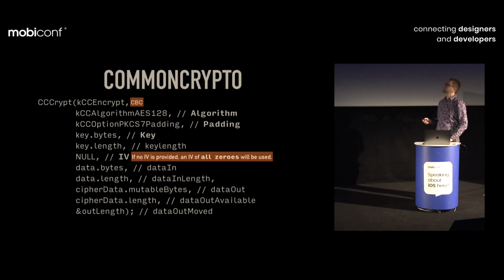But look at the CommonCrypto. This most popular function assumes here a CBC mode, and it lets you use the null value for IV. If you pass the null here, it will use all zeros.